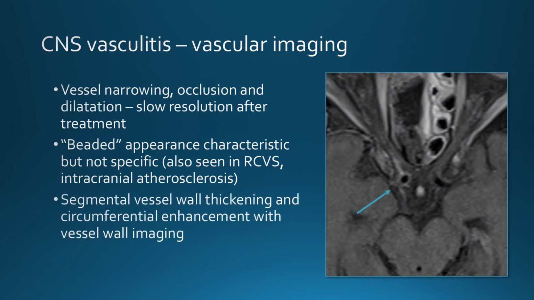If you do vessel wall imaging, you can see segmental vessel wall thickening and circumferential enhancement. So this patient here has vasculitis secondary to mucormycosis, and you can see this circumferential enhancement around the internal carotid. So this was an infectious vasculitis in this patient.